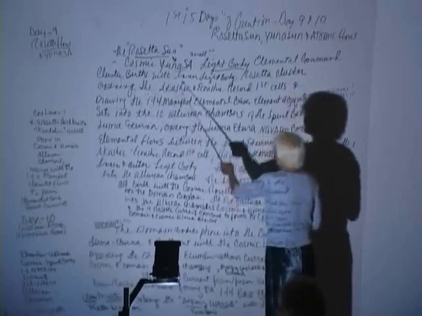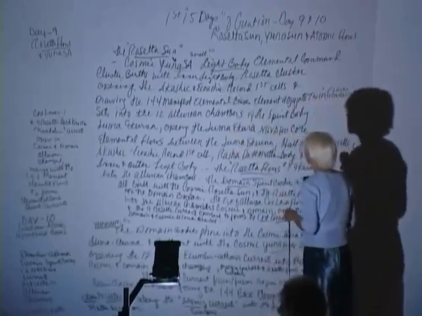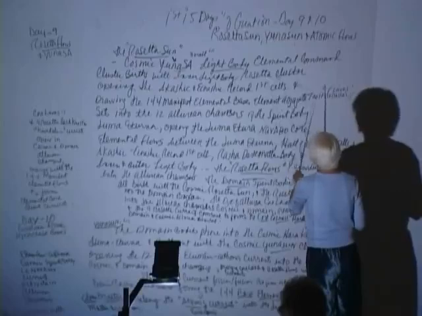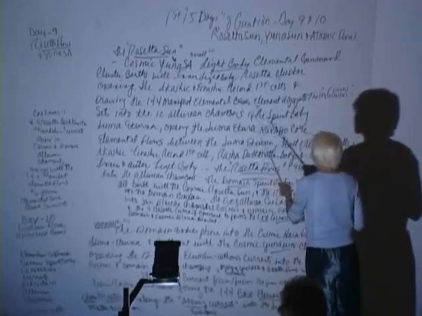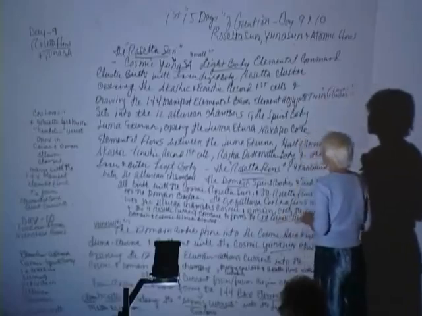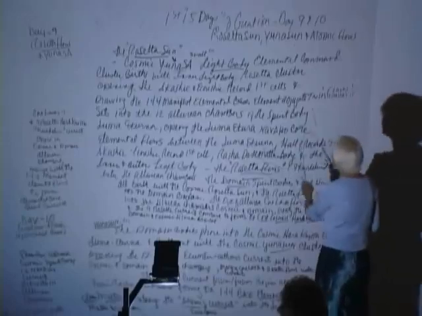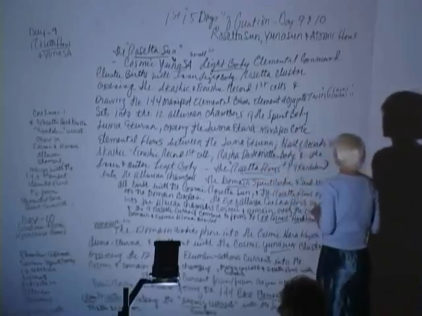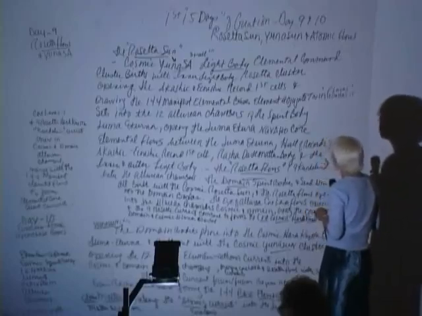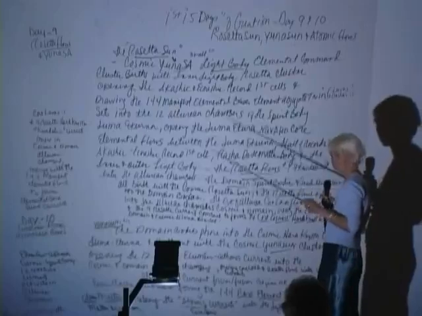Unisun. All right. The cosmic Unisun, 30-cell light body elemental command cluster, births within the inner light body Rosetta cluster, opening the Akashic and Akushik record first cells and drawing in the 144 manifest elemental base element adjugate twins, the lavas and the rashas, right, sets into the Illyrian chambers of the spirit body, Luma Eterna, opening the Luma Eterna Navajo core elemental flows, which are the ones that are shaped like eights, or the infinity-shaped ones.